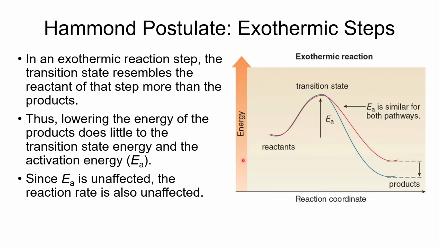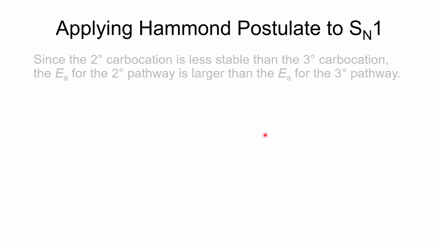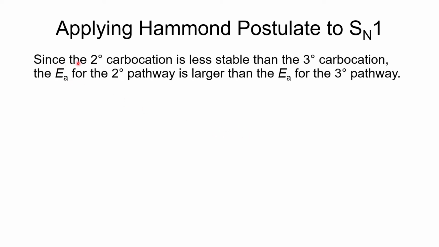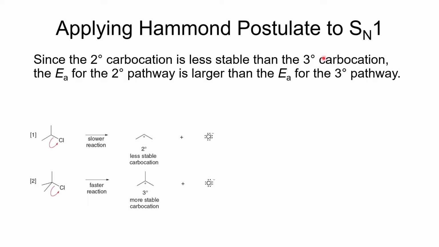So let's look at the Hammond postulate in application to the nucleophilic substitution unimolecular. Since the secondary carbocation is less stable than the tertiary carbocation, the activation energy for the secondary pathway is larger than the activation energy for the tertiary pathway. Here we have to form a secondary carbocation, and on this one we're going to form a tertiary carbocation.